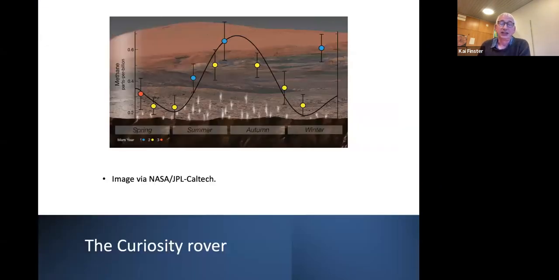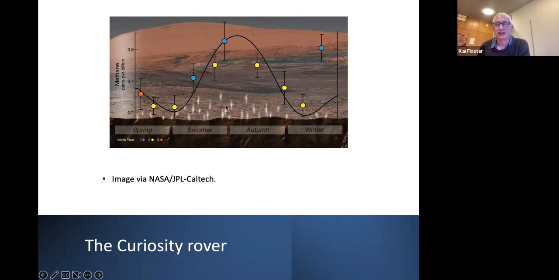The interesting thing with methane is that there have been several studies of methane, and there have also been studies that showed that there was no methane in the atmosphere. So apparently there is some dynamics. It has some cyclic appearance and disappearance. And this is a figure from the Curiosity rover, where you can see that there are annual shifts in the concentration of methane. So this is measured over three Martian years.